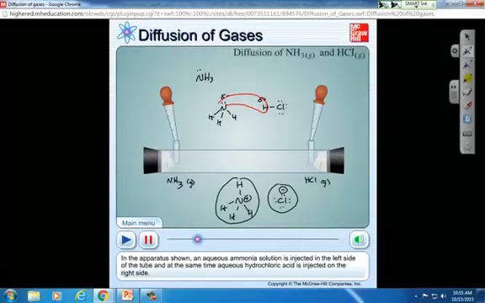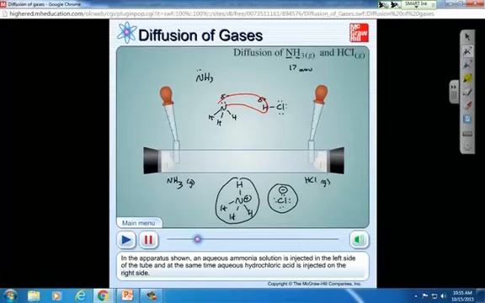Yeah, except the HCl is the heavier one. Right. So what he's saying is, this is an experiment that's testing the rate of diffusion, the rate of mixing of gases, the rate of gases moving through space. So if I look at the masses, if I take the mass of 1 nitrogen and 3 hydrogens, I get a mass of about 17 AMU.